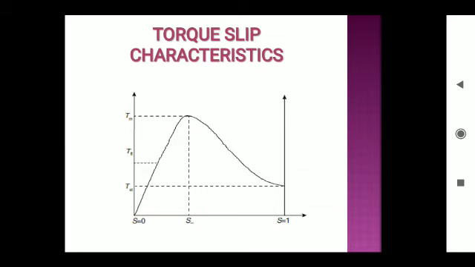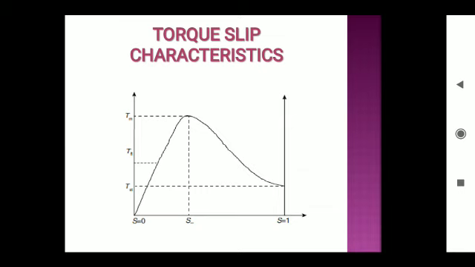And at slip 1, or when the motor is in standstill mode, or if we connect a full load to the motor, or if we block the rotor, then the slip is 1 because the rotor speed is 0. At that time the torque gradually reduces.